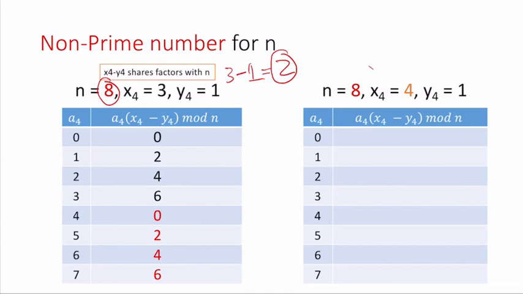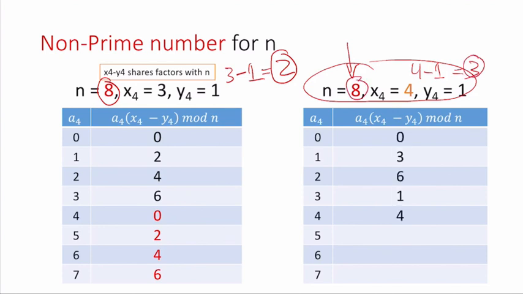So over here, we have a bad value chosen for our buckets, but 4 minus 1 is 3, so we don't share any factors between the 8 and the 3. So we don't have a repeated pattern. So that's why we say that n should be prime, because it's not going to share any factors with what you're modding by n.